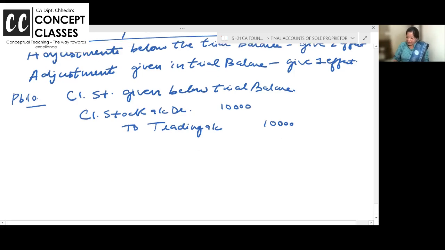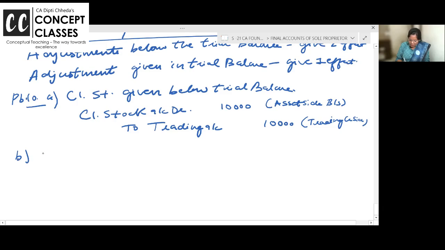Yes. And closing stock debit will go on the asset side. If you want, you can write below or here: asset side of the balance sheet. And trading account credit side. So these are the two effects, one credit, one debit.